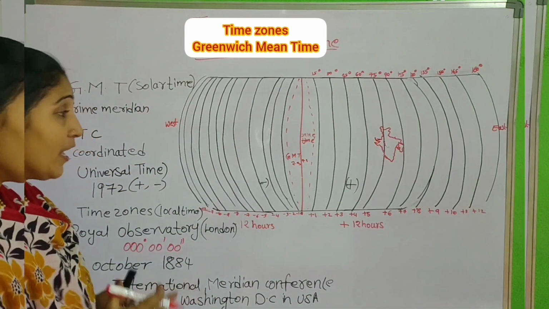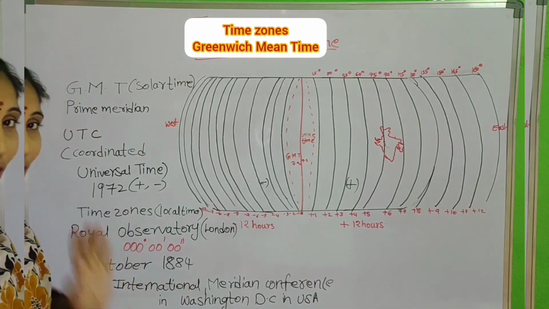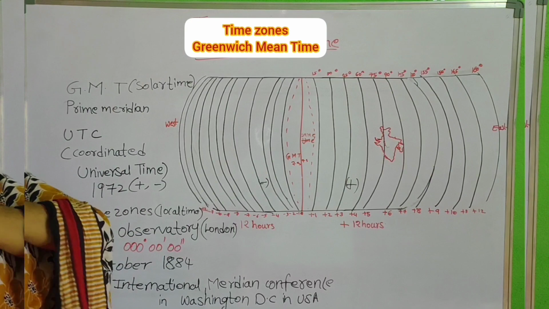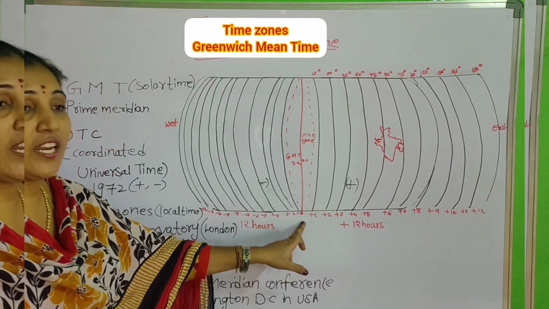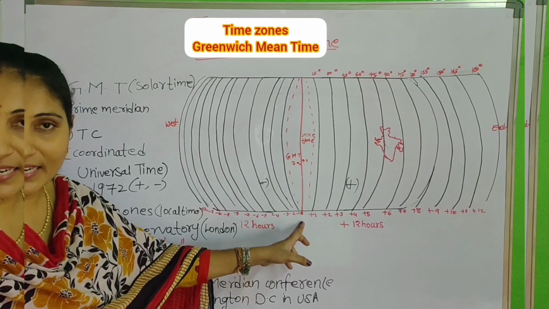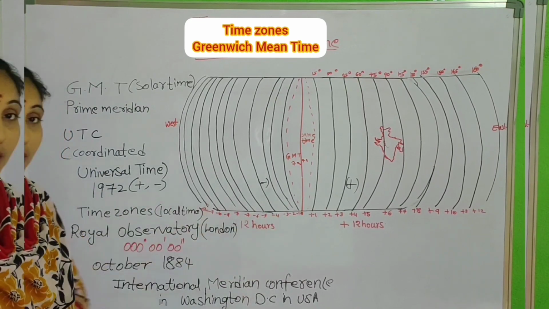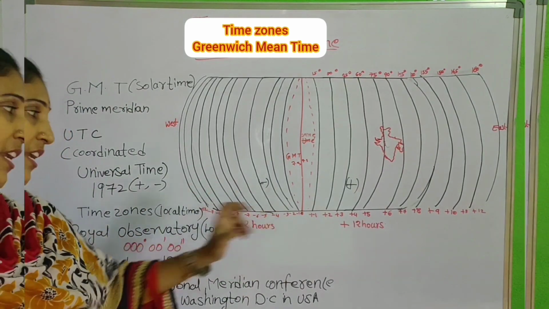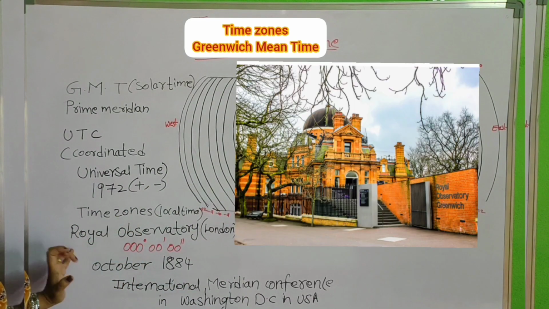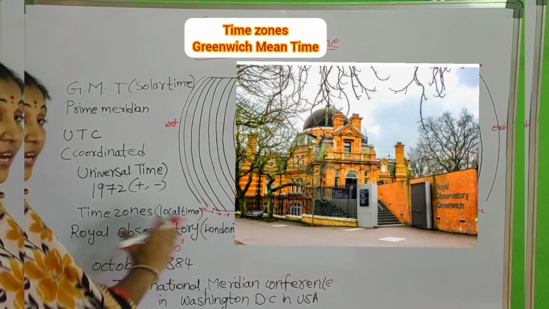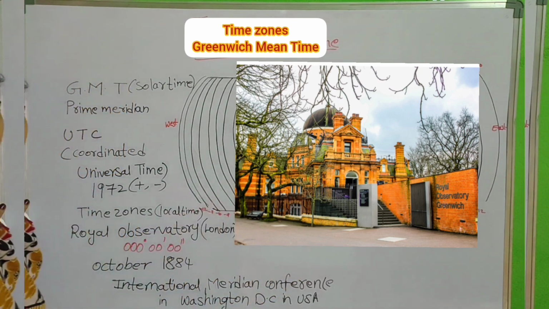Now coming to the important topic: we are going to discuss complete information about the 0-degree longitude, which we call the prime meridian. This prime meridian passes exactly through the Royal Observatory. It is a laboratory in southeast London.